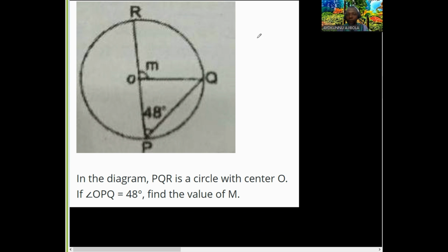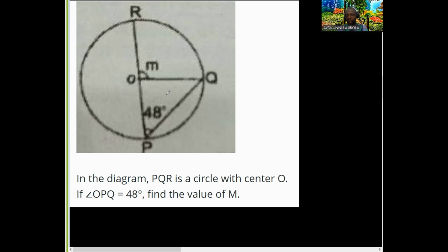So look at this question. It says in the diagram, PQR is a circle with center O, then that is obvious. If angle OPQ is 48 degrees, find the value of M. This is a straightforward question, okay?